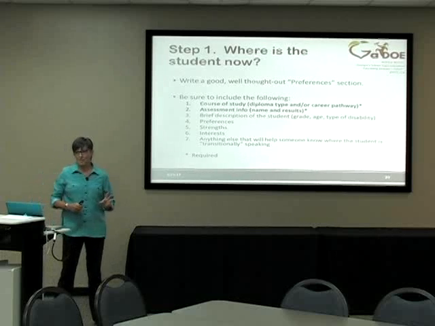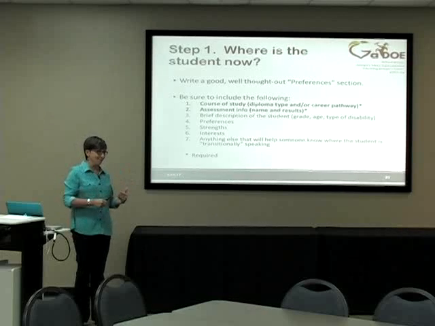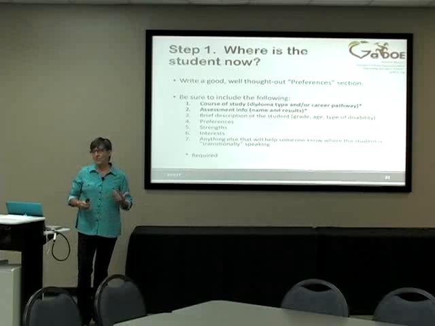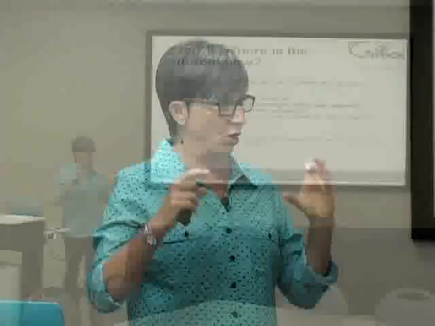And I want you to think about this preferences section as sort of present levels of performance for transition. And I always tell people that this is an important section because it gives, like I said, a good snapshot, a good picture of where the student is now. And this is particularly important if you've got people in the meeting who really don't know the student that well.